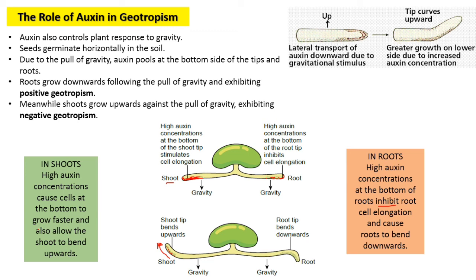The shoot grows faster, but in the root it inhibits cell elongation. So that's why the high concentration of auxin in the root will inhibit growth, and the root bends downwards. The root bends downward to show positive geotropism, while the shoot shows negative geotropism.